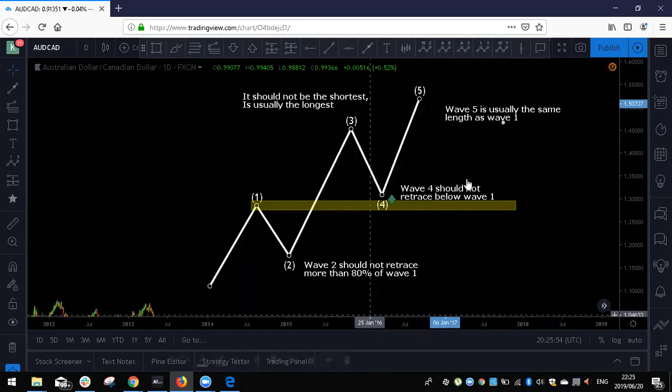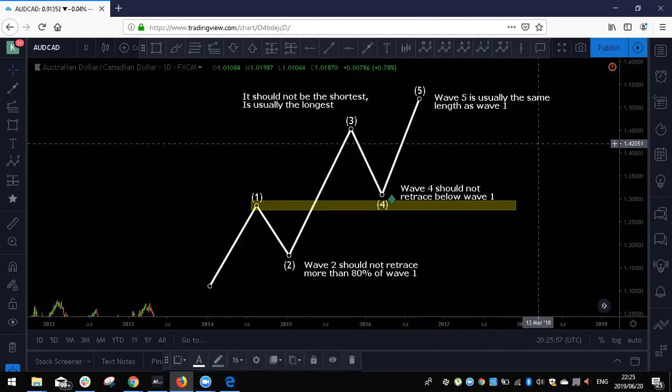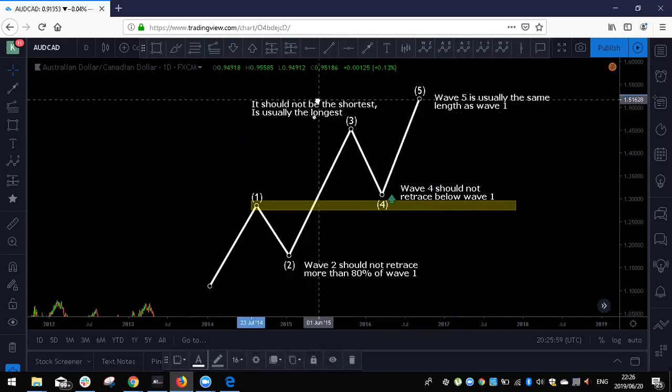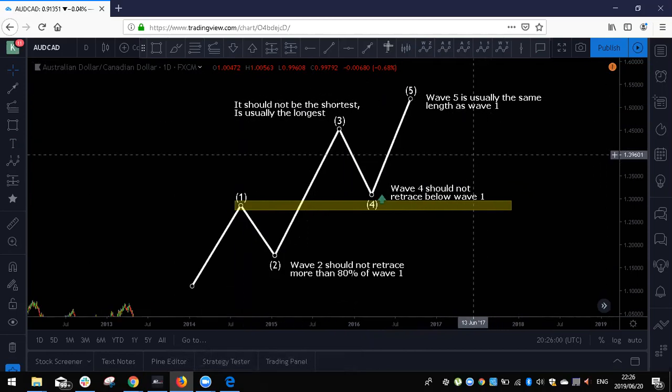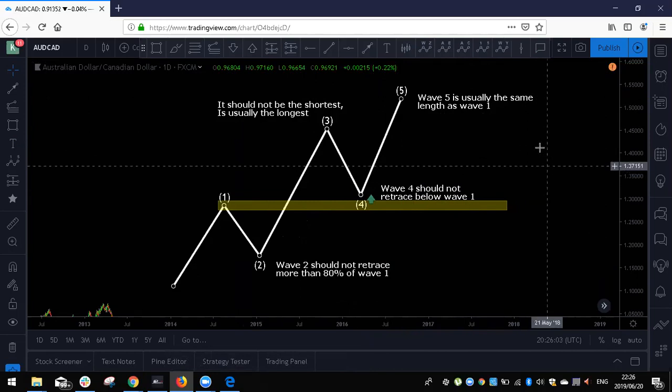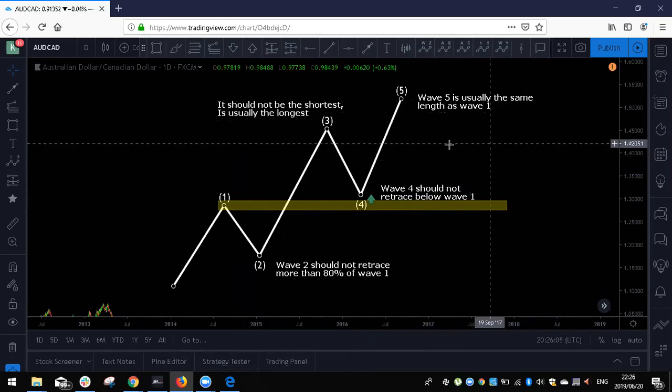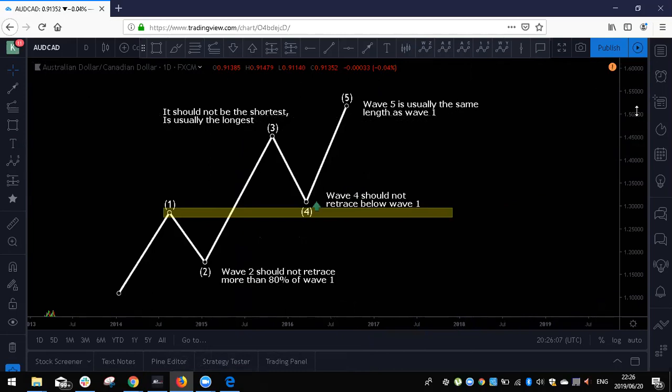Okay. It's usually the same length as wave 1. So yeah, that's basically what you have.